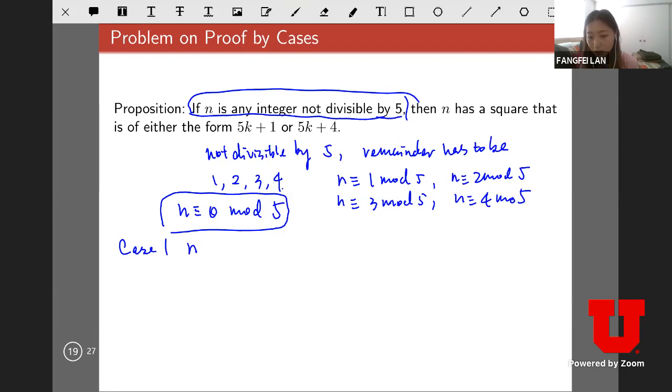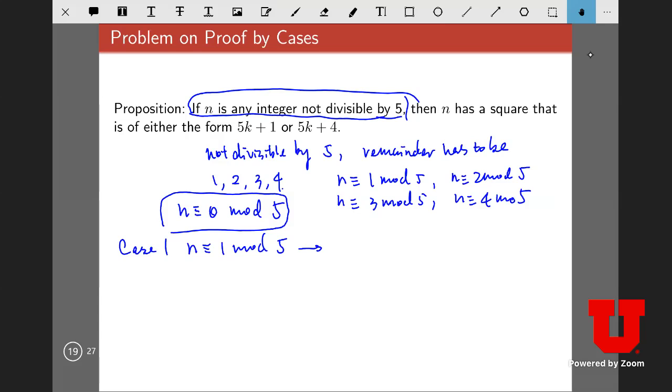what? So n is 1 mod 5, so this means what? How can we write n? Any answer? n is equal to 5k plus 1.